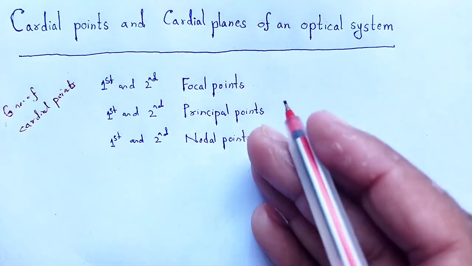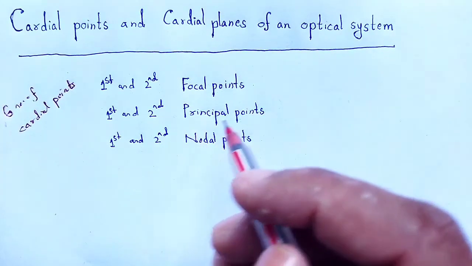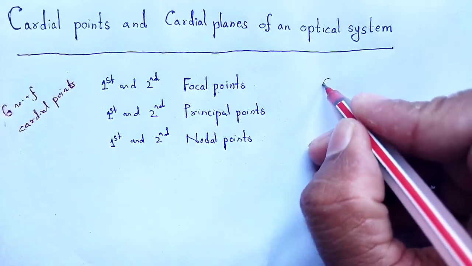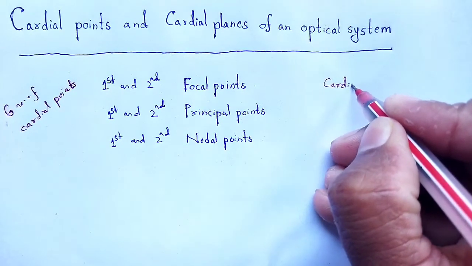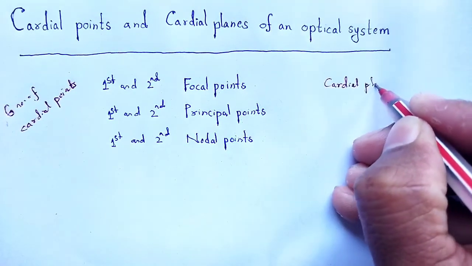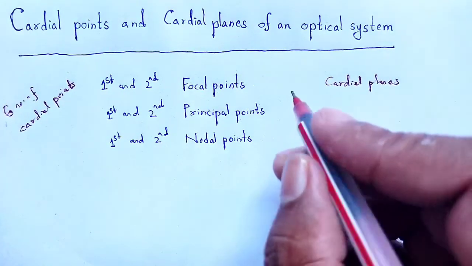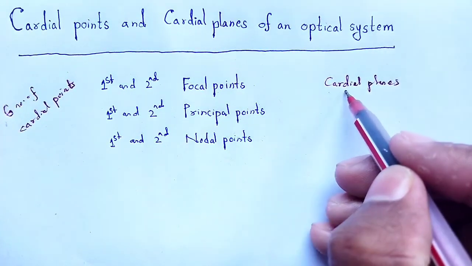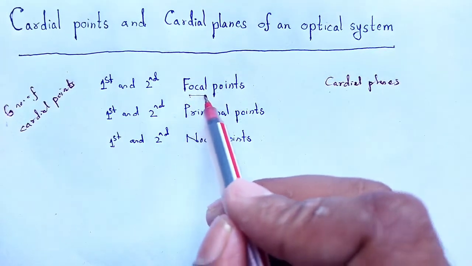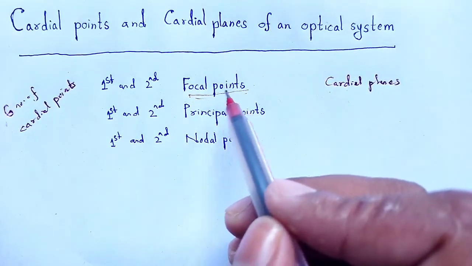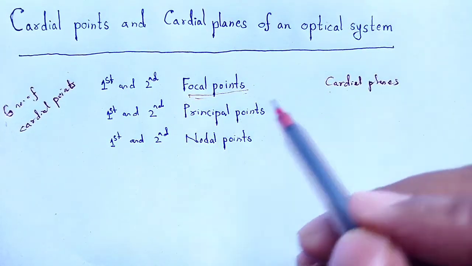And the planes passing through these points are named as cardinal planes. The plane passing through the focal points is named as focal plane.